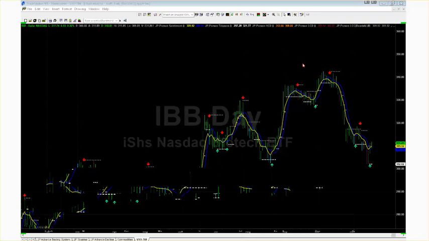This is something that you are going to want to focus in on, since right now we are in a major uptrend in most of the markets, and for a majority of stocks we are at historic highs.